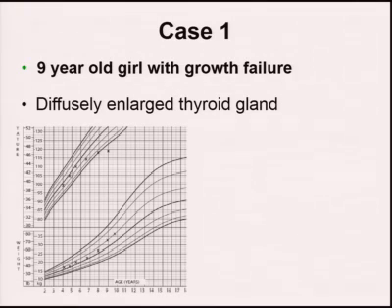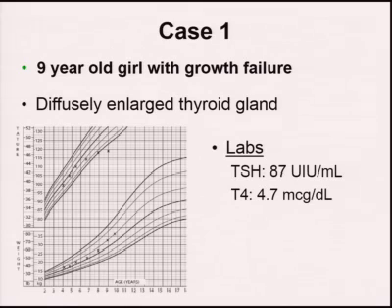It's a general slowing of growth. And her weight has been maintained, with the percentile increased a little bit. Because of the enlarged thyroid gland, we get a TSH and a T4. And it shows an elevated TSH, T4 probably within the normal range.